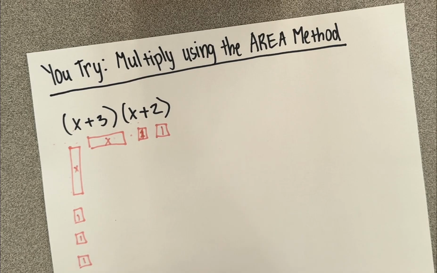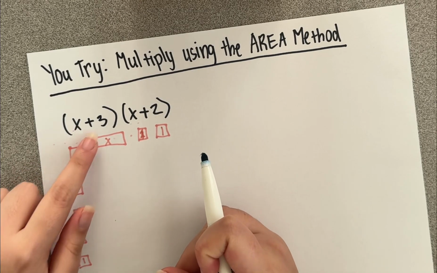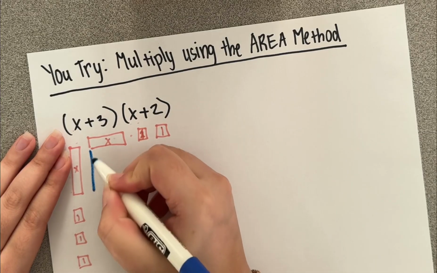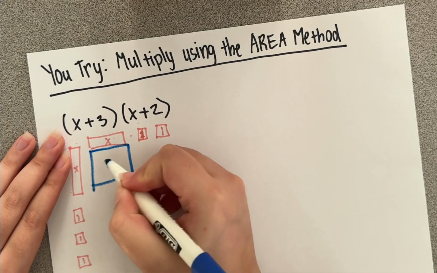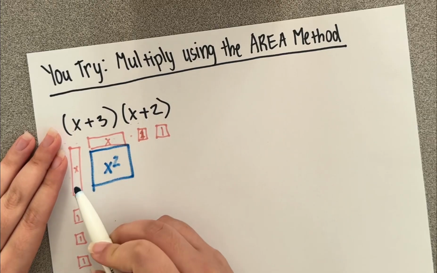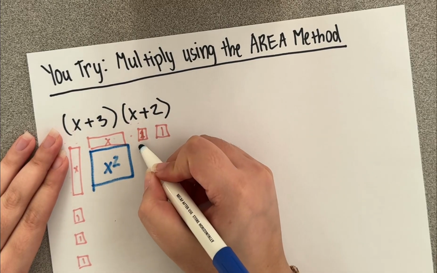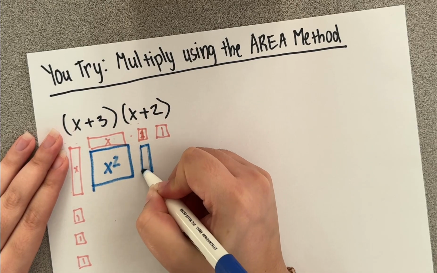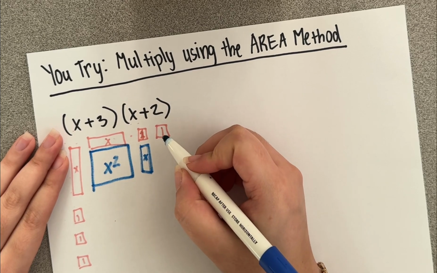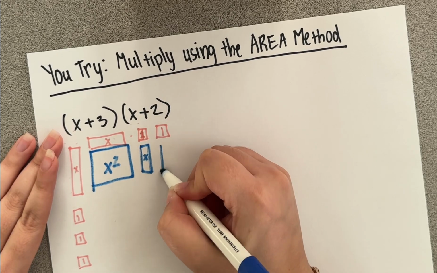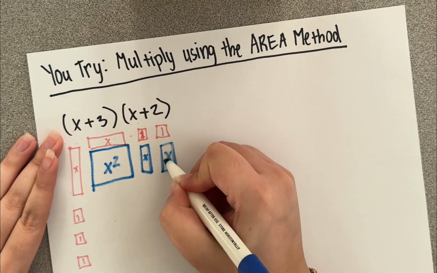So again, we have x times x, just this big square, x squared. x times 1, that's just x. x times 1, that's just x.